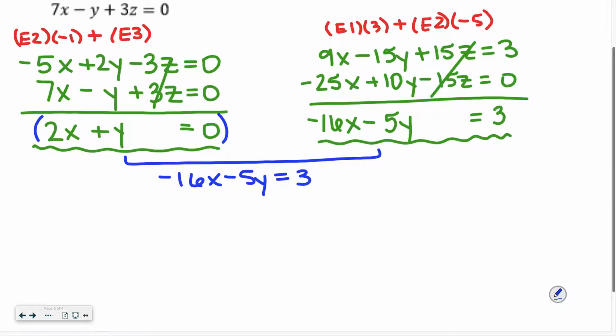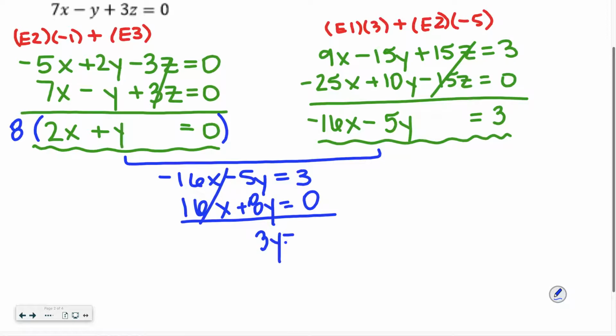So I can multiply this guy by 8 so that we have 16x plus 8y equals 0. We're just doing elimination on a two-variable system. So our x's cancel out and we're left with 3y equals 3, which means y equals 1.